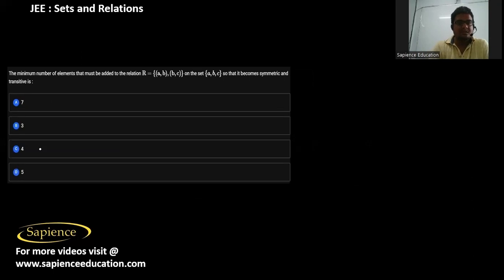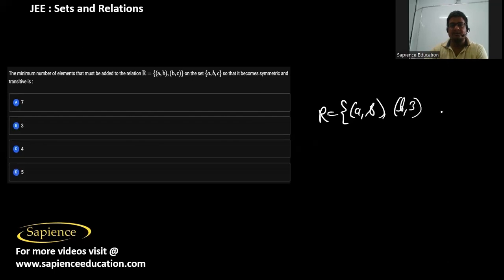Then here it is told that the minimum number of elements that must be added to the relation R, which is A comma B and B comma C on the set ABC, so that R is symmetric and transitive.